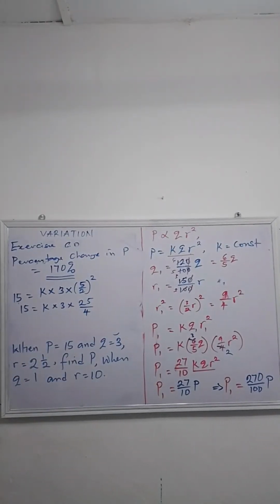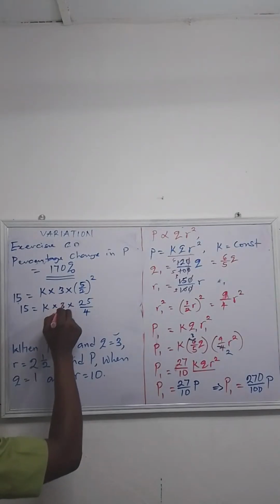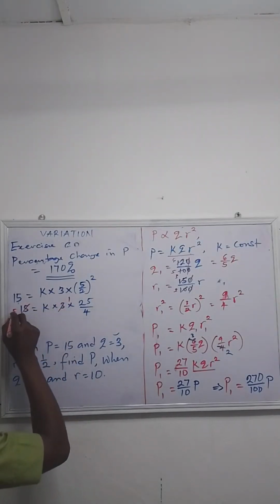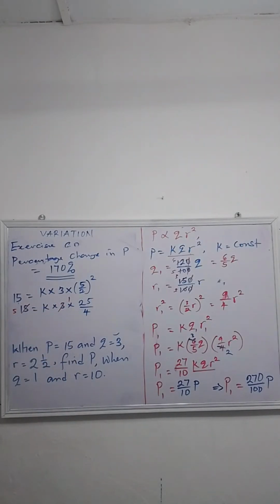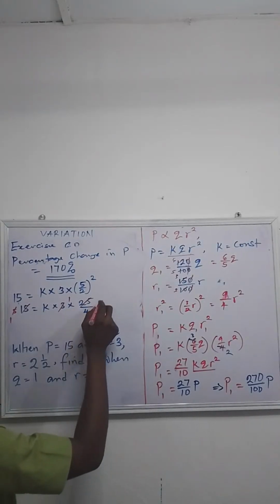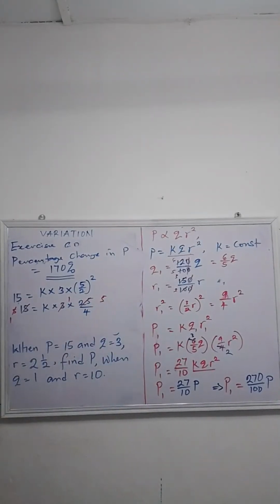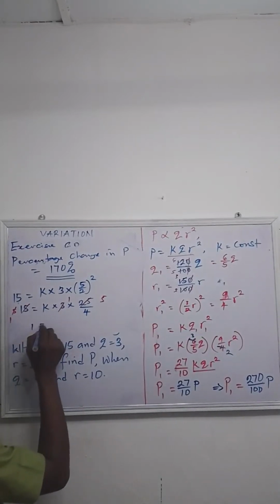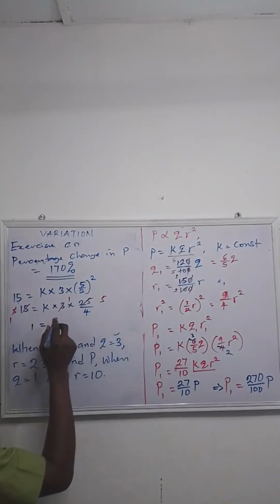Okay, so here, let's divide both sides by 3. When you divide both sides by 3, 3 goes into 3 once, and 3 goes into 15 five times. I can divide both sides by 5 as well. 5 goes into 5 once, 5 goes into 5 once. So that means I'll have 1 equals, now K times 5, we have 5K over 4.